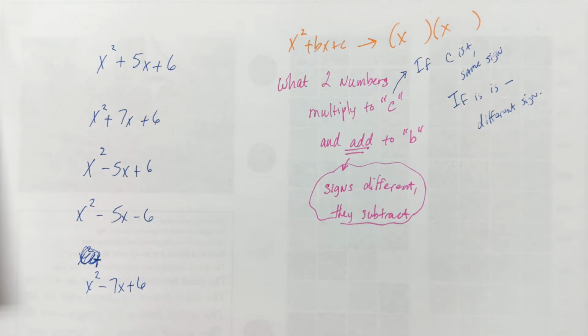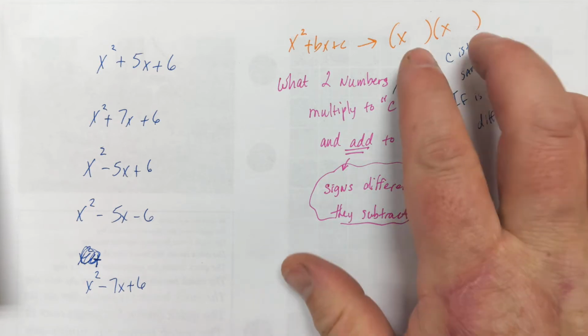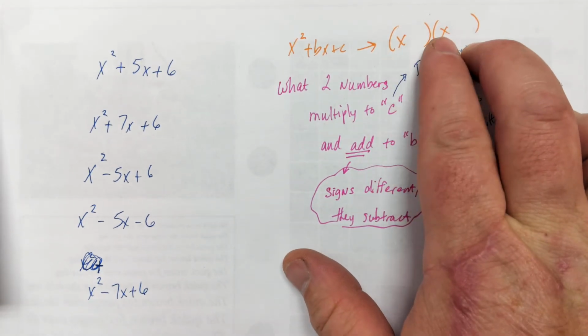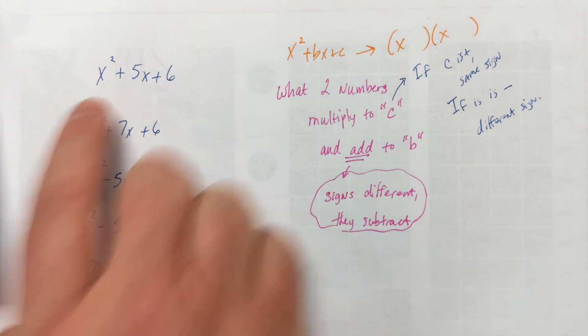So you don't pass over the squared? Because remember, when you multiply two things together like this, you multiply those first two numbers together. That's how you end up with that.